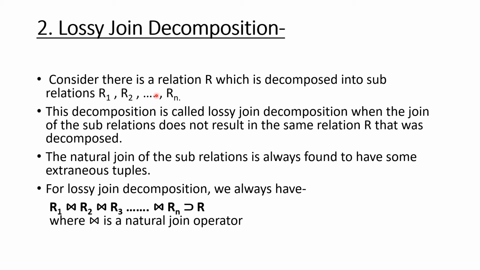As the name suggests, this is completely opposite of lossless join decomposition. Here we consider the relation R, which is decomposed into R1, R2 up to Rn. This decomposition is lossy join decomposition when the join of sub-relations does not result in the same relation R that was decomposed. The natural join of sub-relations is always found to have some extraneous tuples.